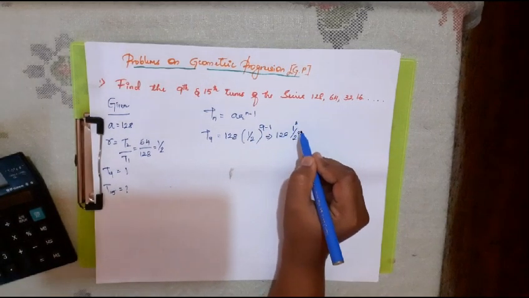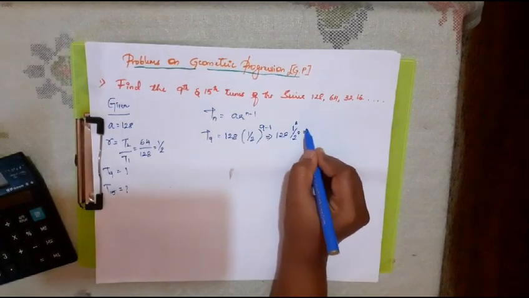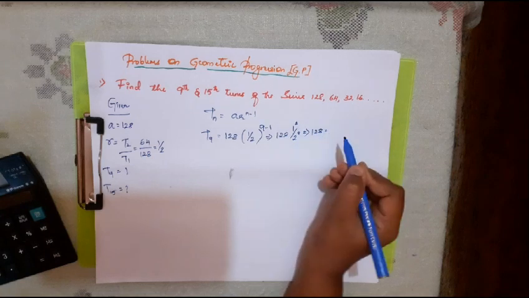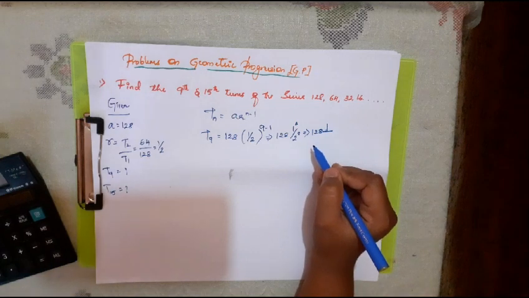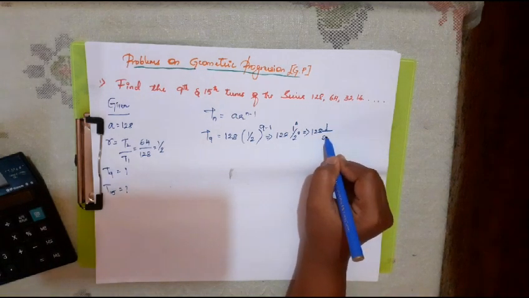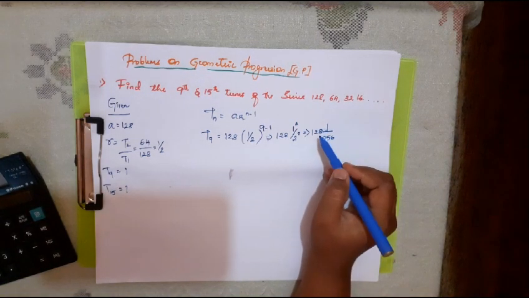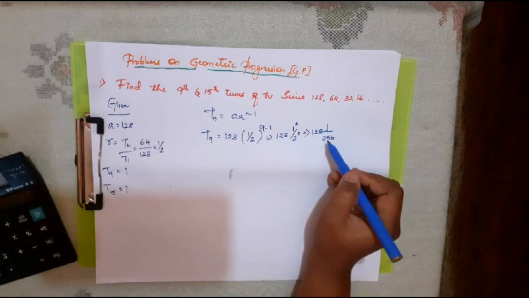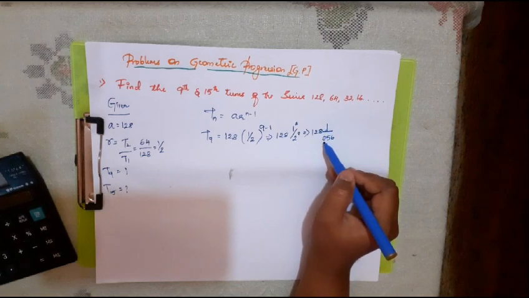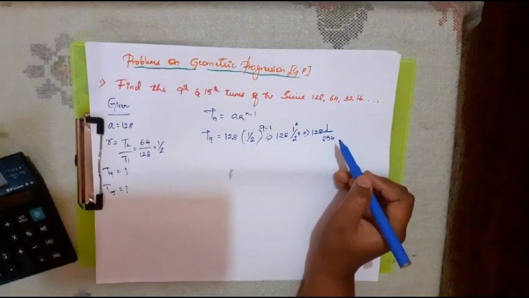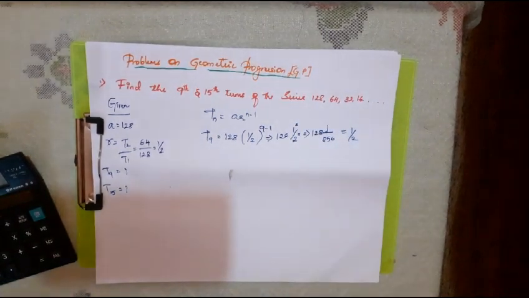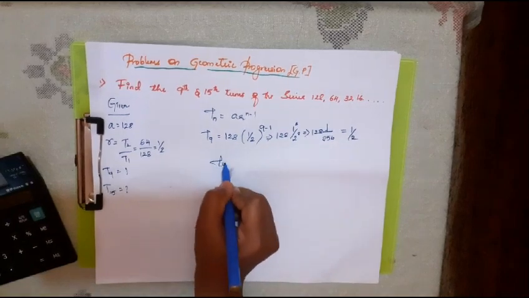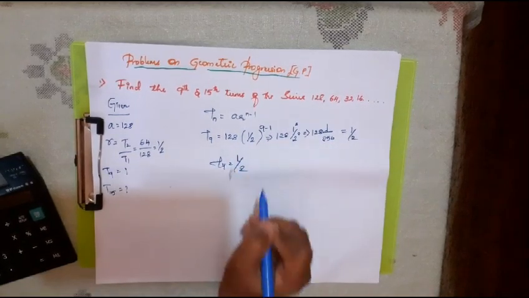So that is 128 times (1 by 2) to the power 8, which is 128 by 256. You can easily cancel 128 and 256: 128 twos are 256. So the answer is 1 by 2. That is, T9 is equal to 1 by 2.